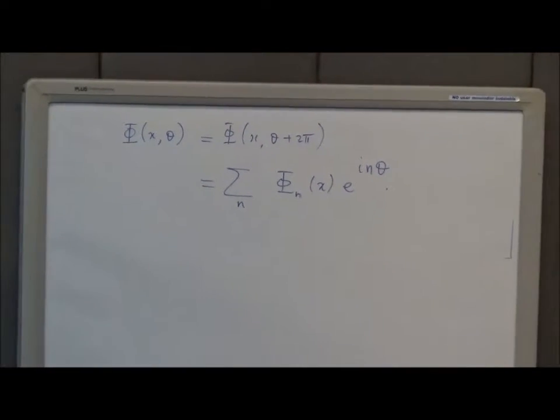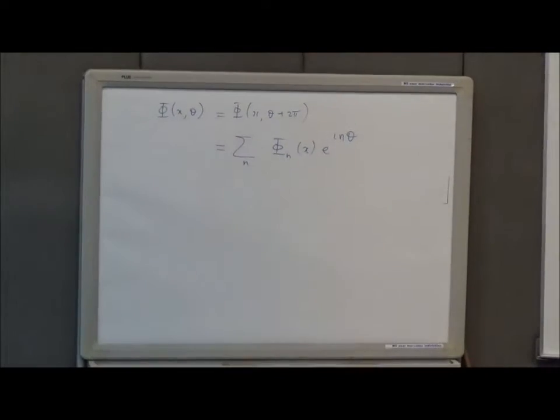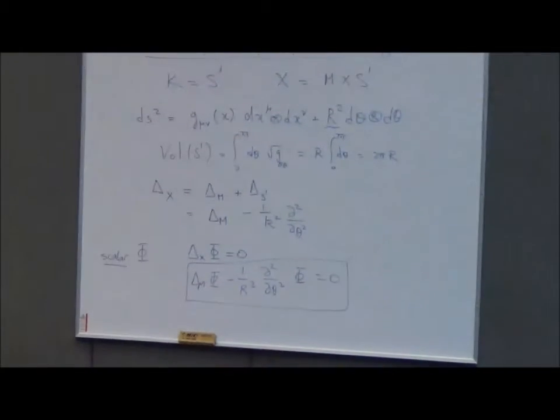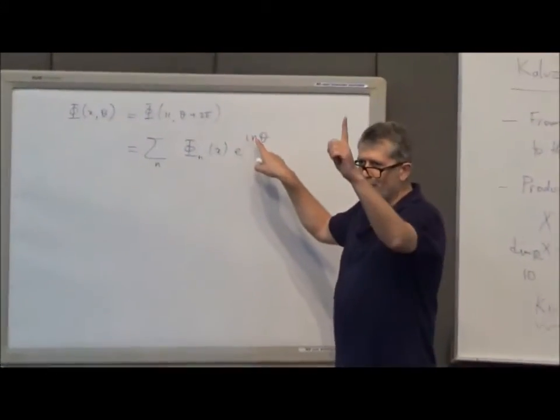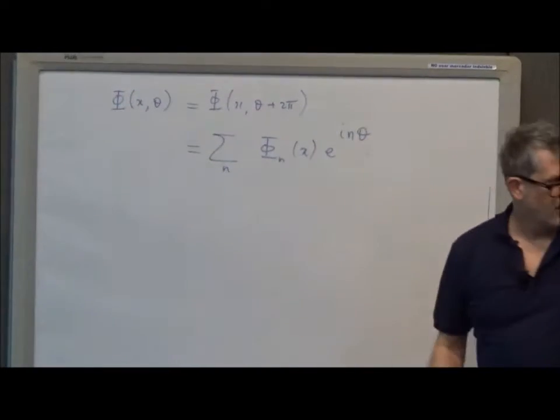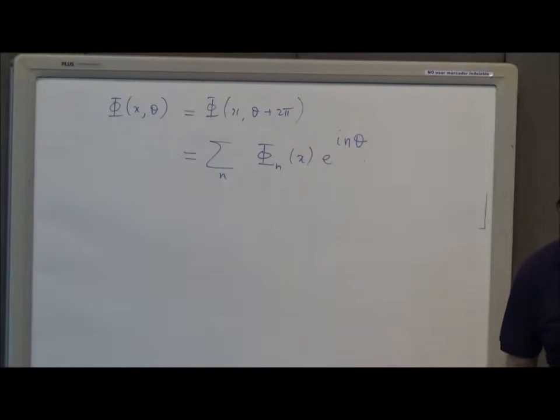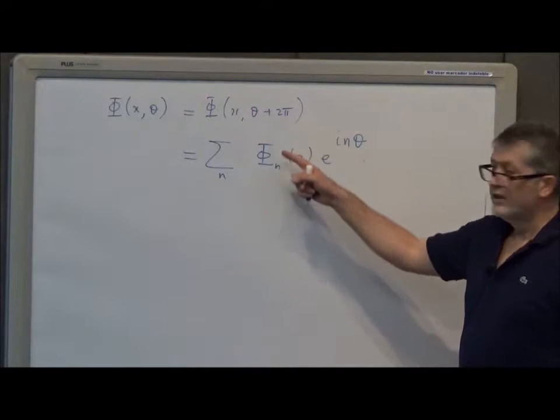Now, the great thing about that is I know how to differentiate. So if I differentiate with respect to θ twice, what do I get? Minus n squared. There's a minus sign. Right?